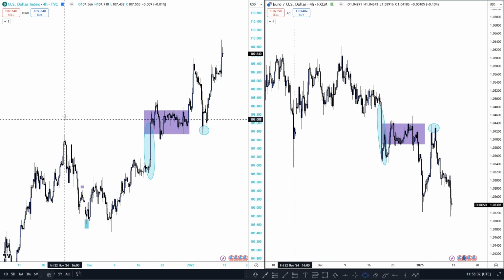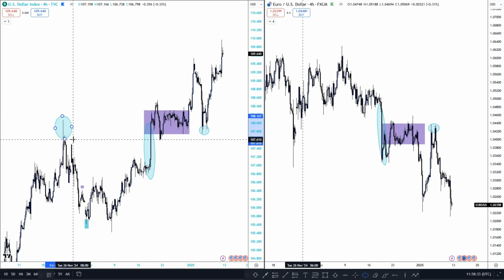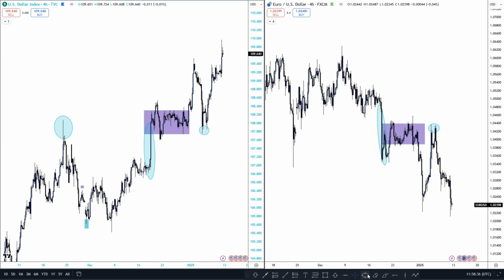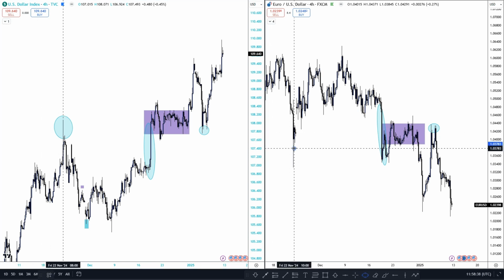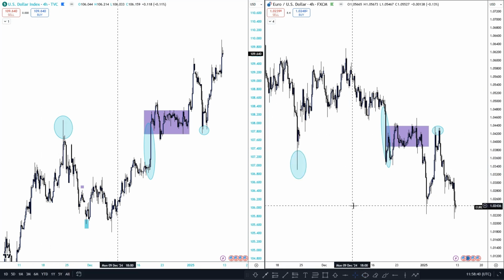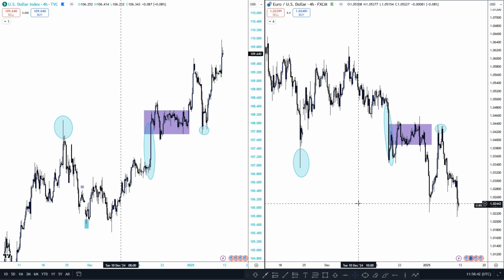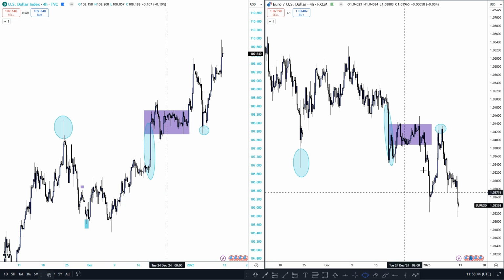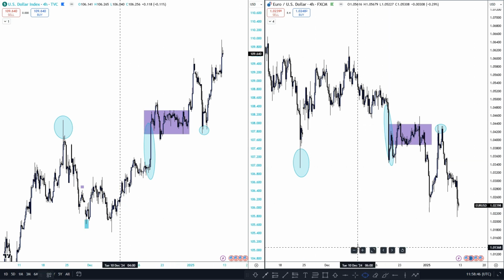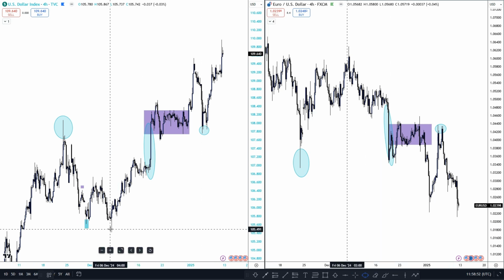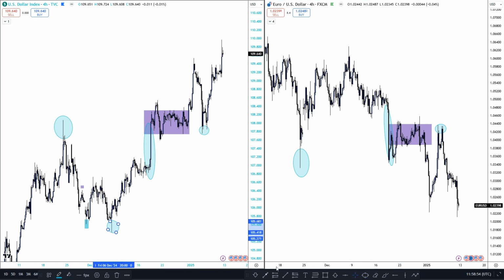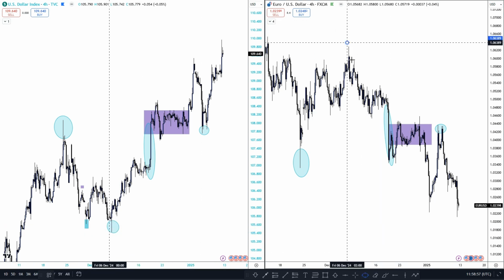We had this large spike and then weakness on the dollar. We had a large spike and strength on the euro. So you can see this is working out a lot better than the Australian dollar did. I wanted to go over the Australian dollar to start with, just to show you some reasonings of it maybe not working. But then as you can see here, same again, we have a move, we have a move.